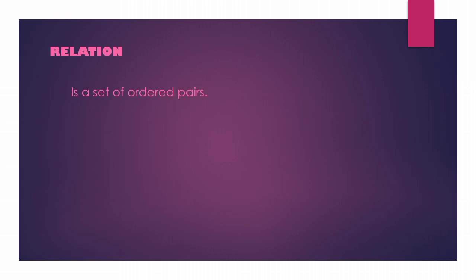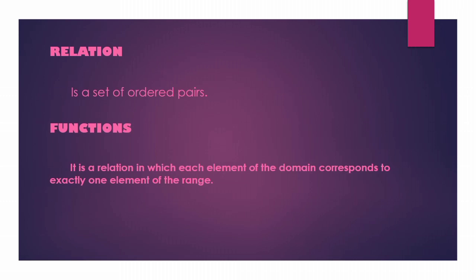What about function? A function is a relation in which each element of the domain corresponds to exactly one element of the range. So we need to remember that we can only say it is a function if the domain corresponds to exactly one element of the range.